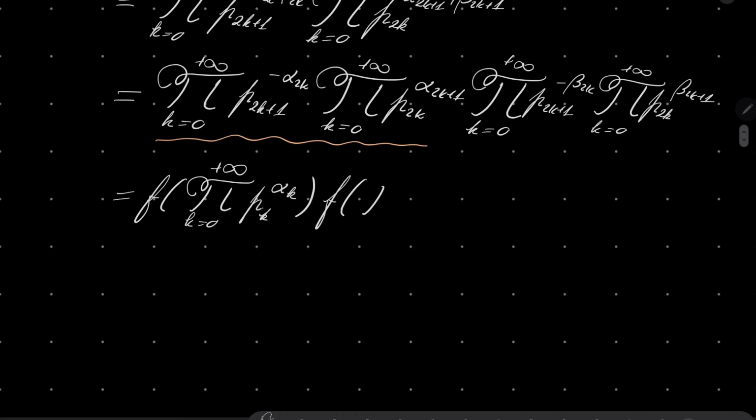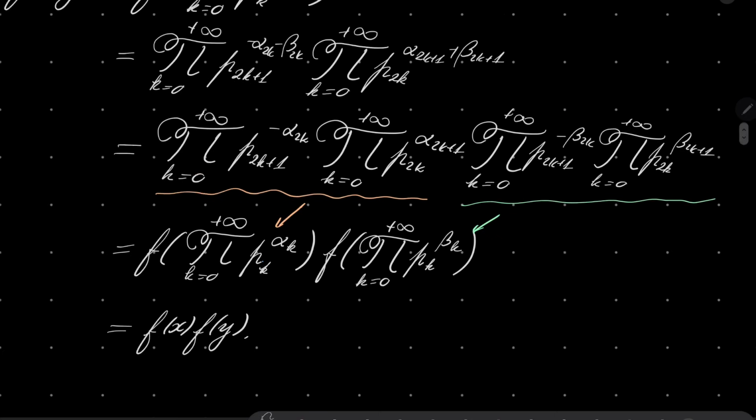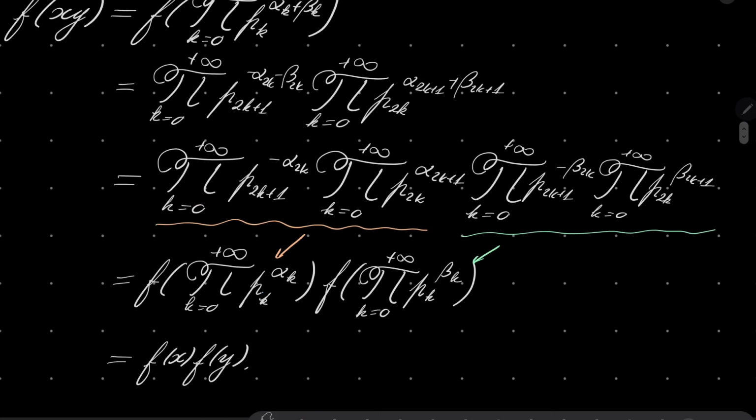And also the second two products can be written as f of this argument. And now we have just f of x times f of y. So indeed, our function satisfies the first condition, the condition which I marked square.